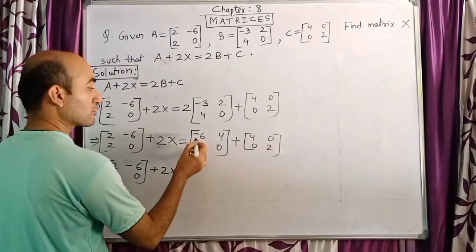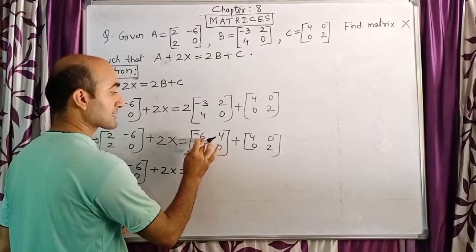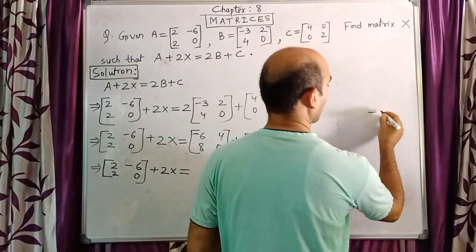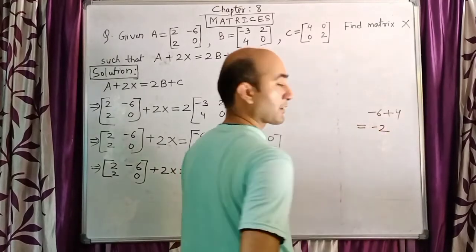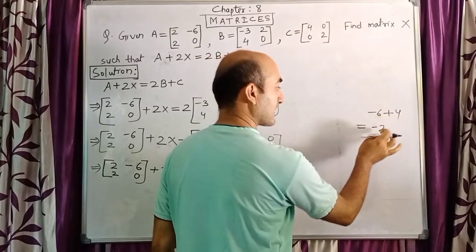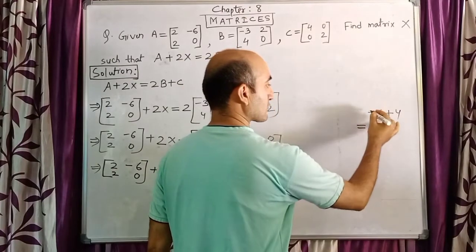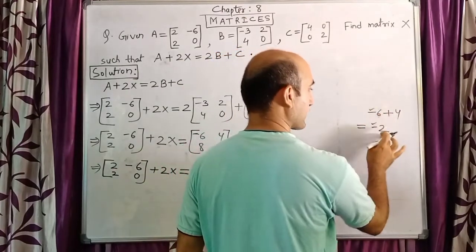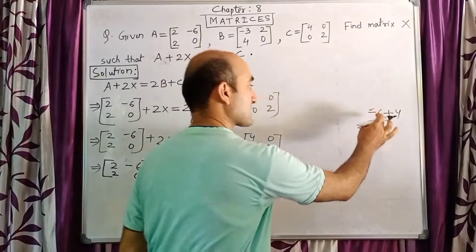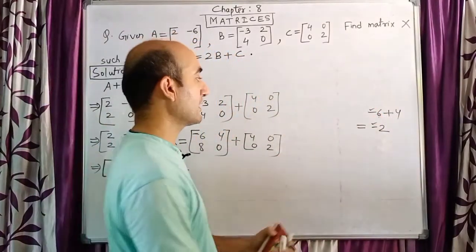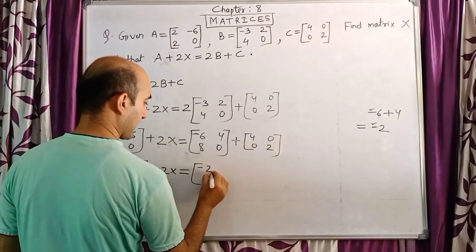So it's time to add -6 plus 4. It's very easy to know the result, children. It is -2, because 6 minus 4 is 2, but the larger number is 6 and its symbol is minus, so that minus symbol will come here. So 6 minus 4 is 2, but why -2? Because the larger number is negative. So our result will be -2. So -6 plus 4 will be -2.